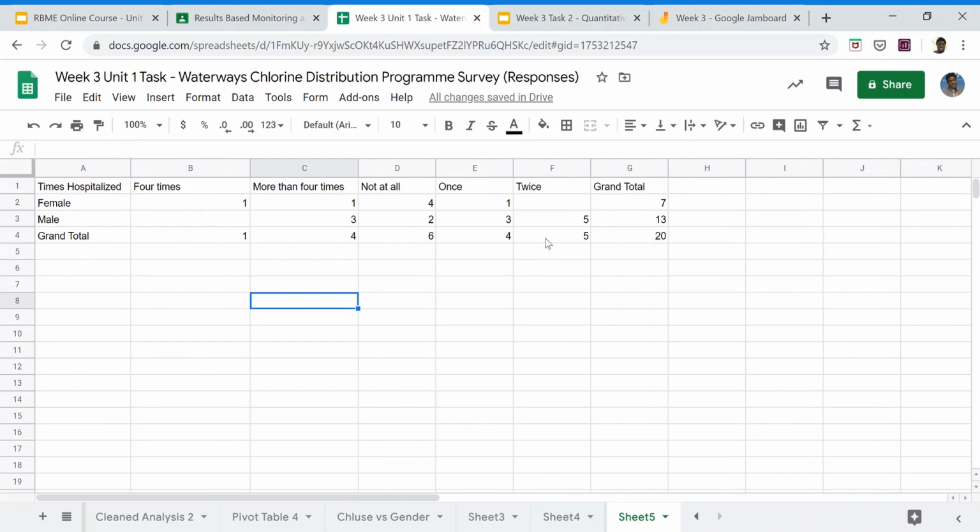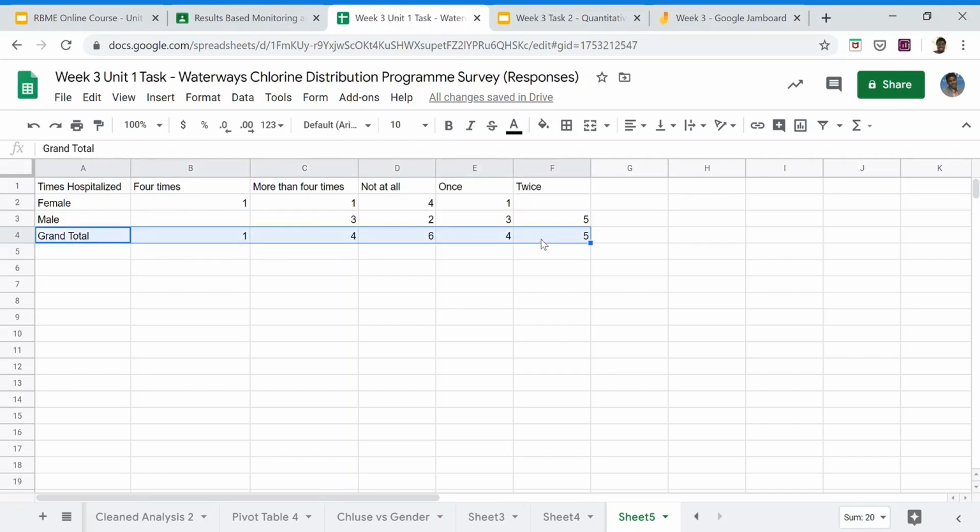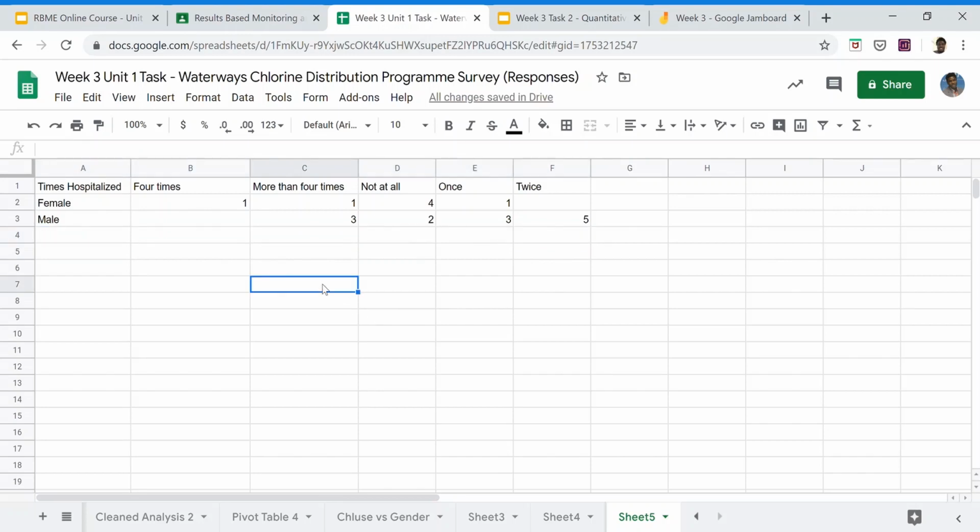So remove the grand total. So this is about the number of female to male respondents that say that yes, their wards were in the hospital maybe 4 times in the last month, first time within the last 2 months. Yes, that was what was in the question. More than 4 times in the last 2. Then let's do the chart again.